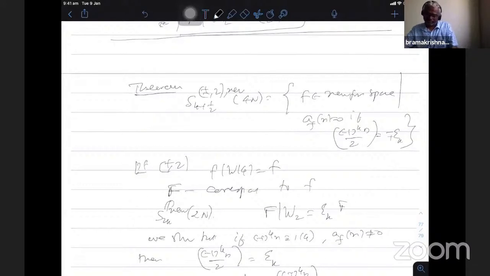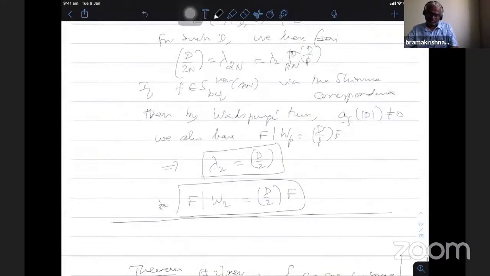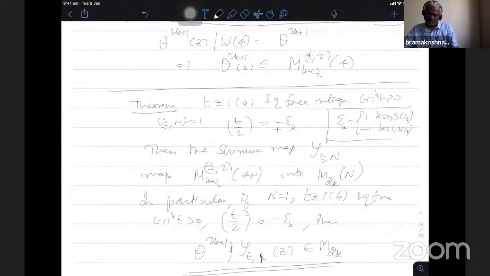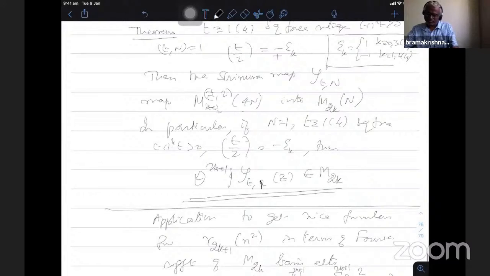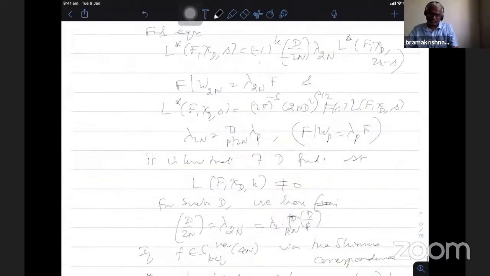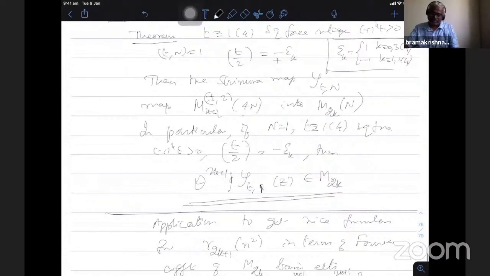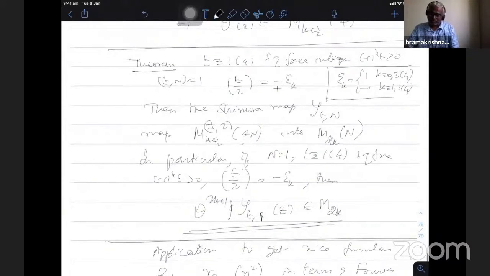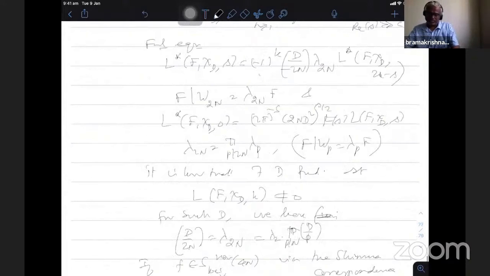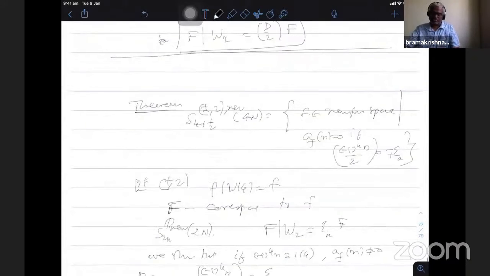Therefore, when you look at the theorem, where did I write? You take t/2 equal to −ε_k. So when it is −ε_k, the tth coefficient is 0 when f belongs to the plus 2 eigenspace, essentially. Therefore, the Shimura map applied to these functions will vanish identically because that is the kernel. So that's the meaning.